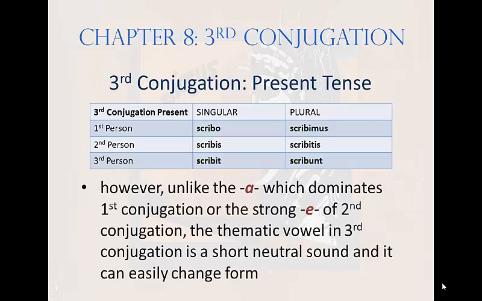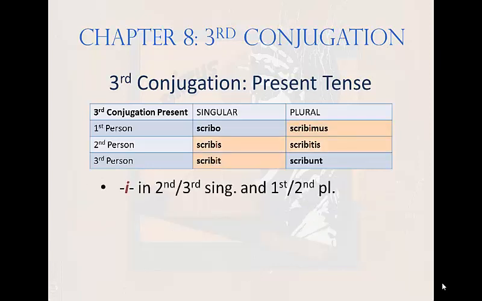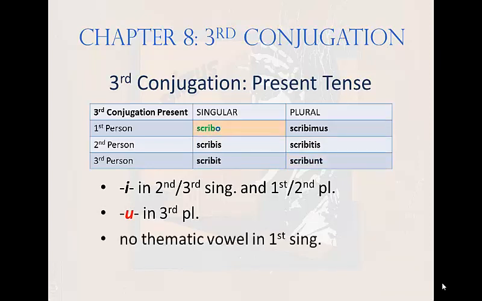But, unlike the A which dominates first conjugation, or the strong E which dominates second, third uses a short vowel, which readily changes form as it encounters different consonants. It will appear as I in the second person and third person singular and the first and second person plural. In the third person plural, it appears as U, and in the first person singular, there's no thematic vowel, the same way the A in first conjugation disappears in forms like laudo or amo.